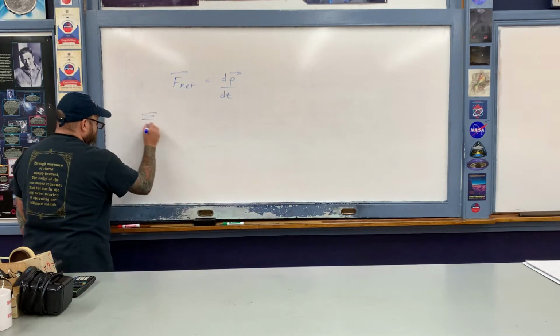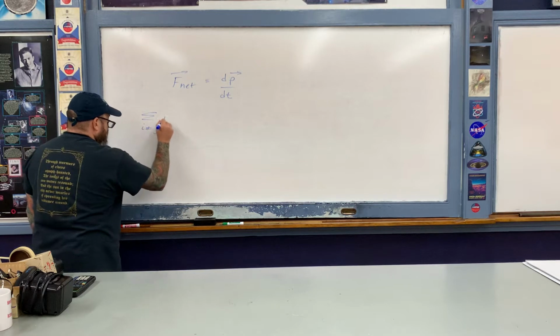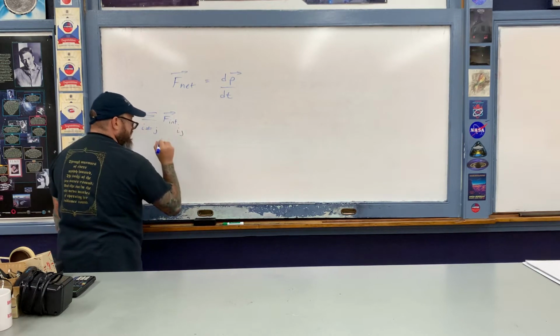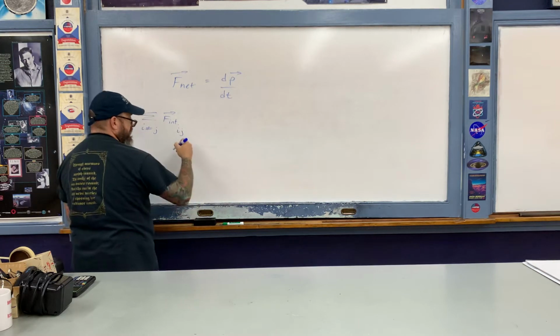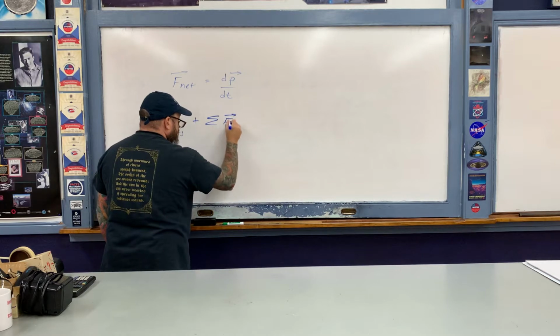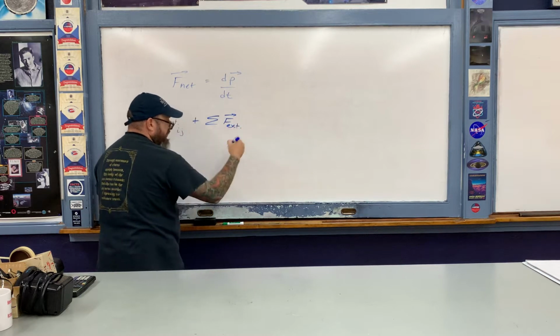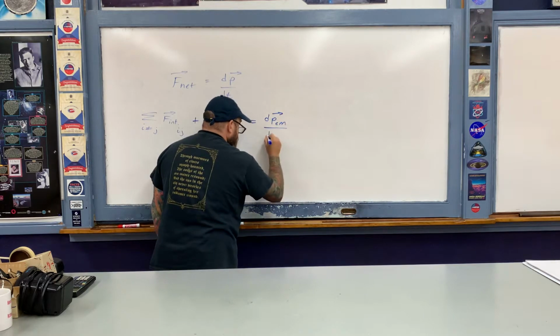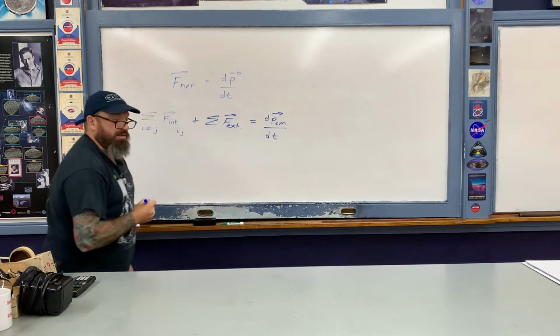This is the sum of all of the internal forces that occur between the objects in question that make up the distribution of matter, plus then the sum of any external forces that may be present. This then results in the change in the center of mass of the system's momentum with respect to time.